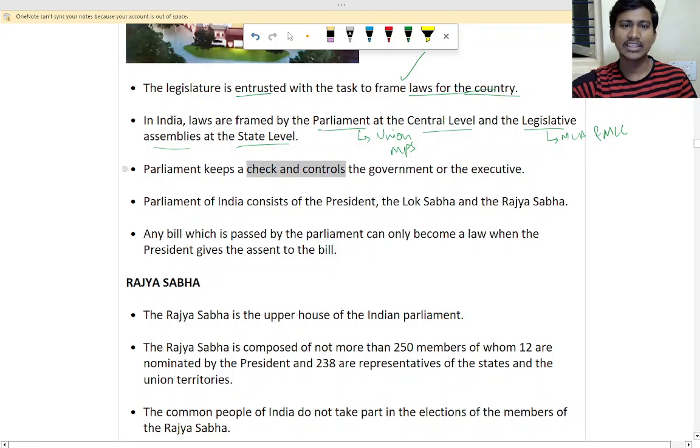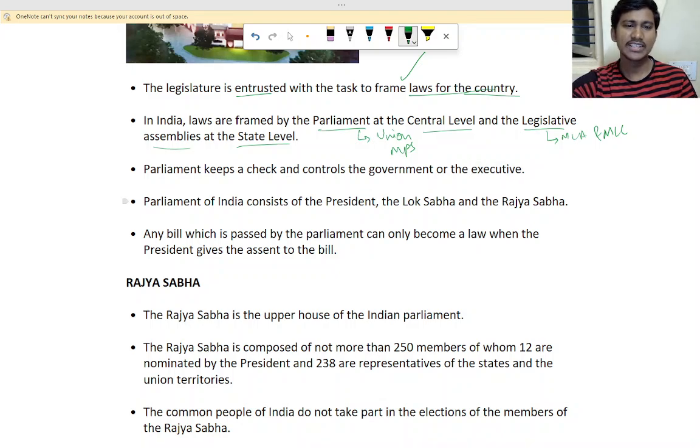What is happening, how is it happening, is it correct or wrong, they check that, right? And then they guide it. The executive means all the government employees. Okay, yes. So next, Parliament of India consists of two houses, Rajya Sabha and Lok Sabha.